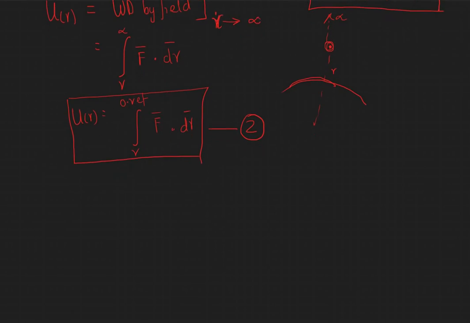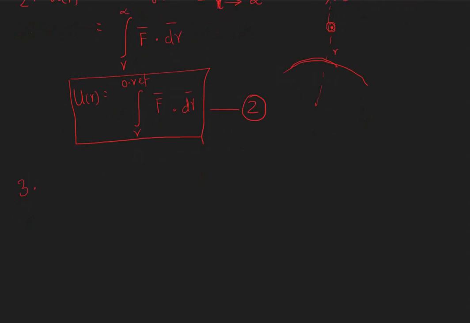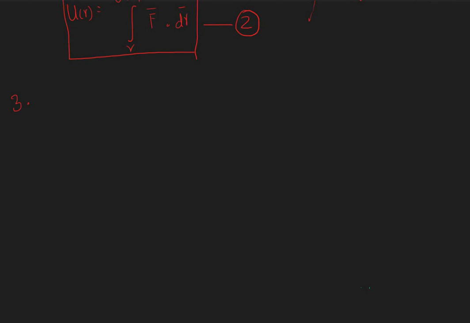The third thing that we need to remember is when we say the field is doing work, the work done by field in moving from r to infinity is equal to minus the work done by field from infinity to r.